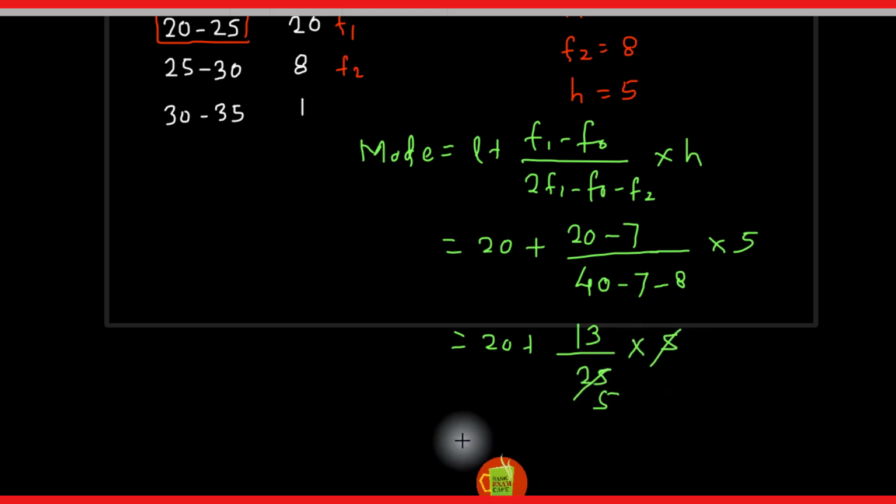So 5 ones are 5, 5 fives are 25, so it is equal to 20 plus 13 upon 5, that will be 2.6, and so it is equal to 22.6, and therefore the mode of the given distribution is 22.6.